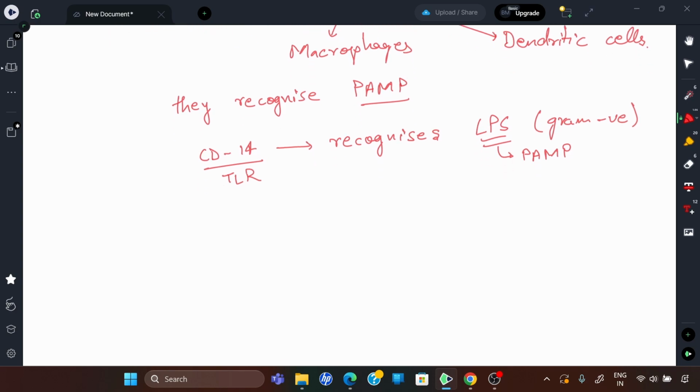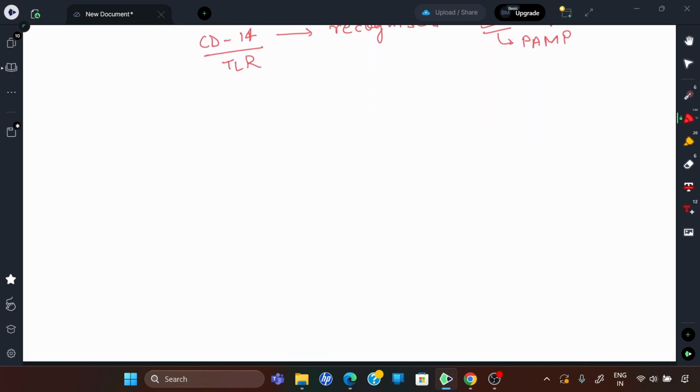So what basically happens further is that this TLR activation results in upregulation of a molecule, that is NF-kappa B, right?